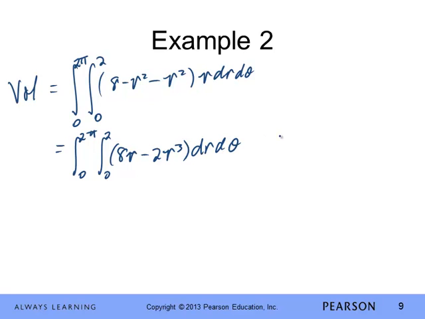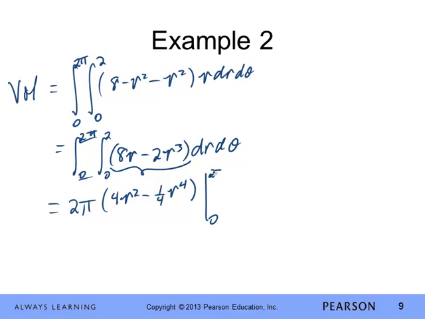And integrate with respect to r. And remember, this integrand does not involve the variable theta, so you could just take the difference between the upper and lower limits, which is 2 pi, and multiply by that. And you have what? The integral of 8r is 4r squared. The integral of 2r cubed is, what, 1/2 r to the 4th. Evaluate from 0 to 2.